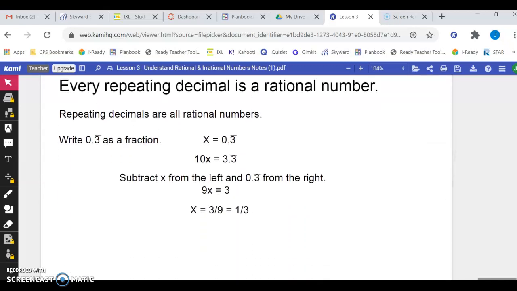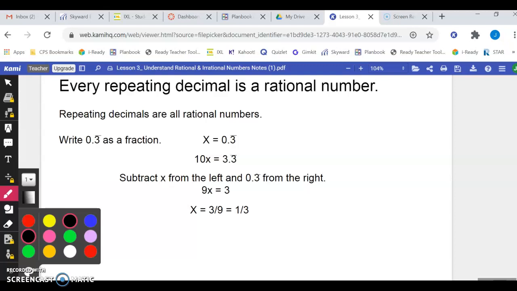Every repeating decimal is also a rational number. So if we took 0.3 repeating and we needed to write that as a fraction, we would take x equals 0.3 repeating, and then we would times both sides by 10.